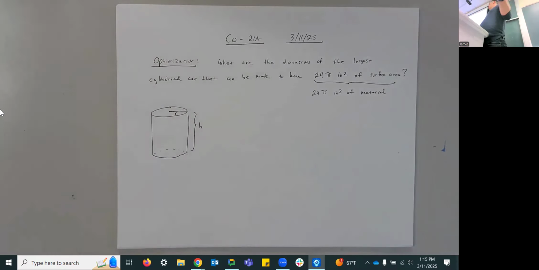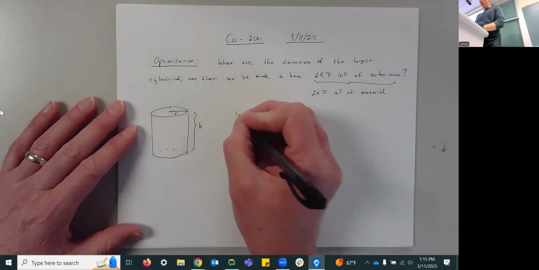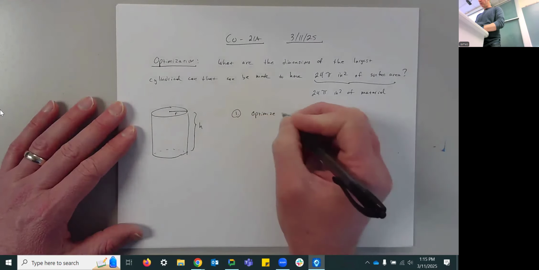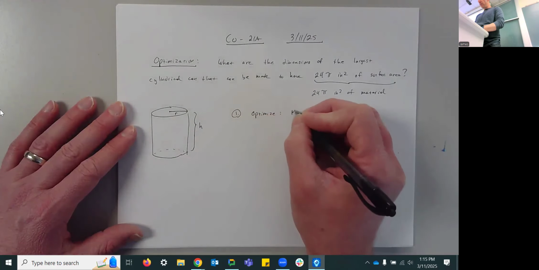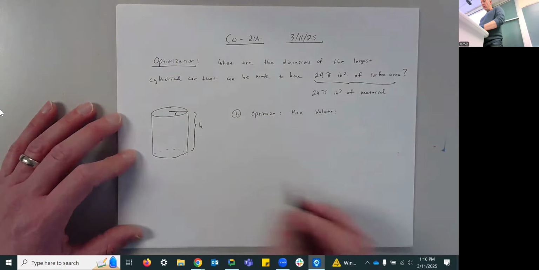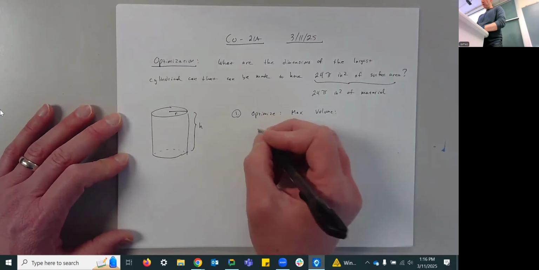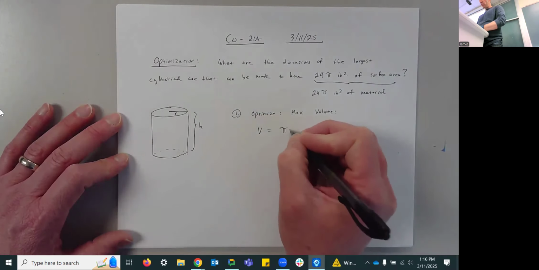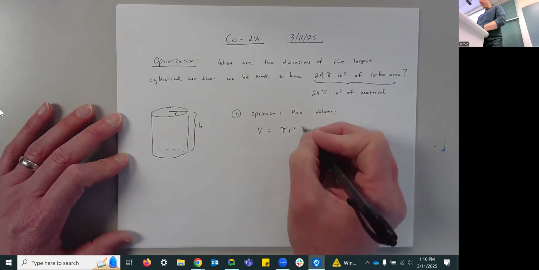Almost all the time, not all the time, but most of the time with these problems, you have some sort of thing you want to optimize or maximize or minimize, and some constraint. So what are we trying to optimize? Well, in this case, we want to maximize the volume. So the volume equation for a cylinder is the base area, which is the area of the circle, times the height.